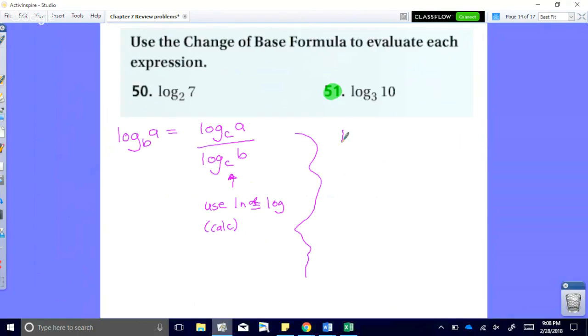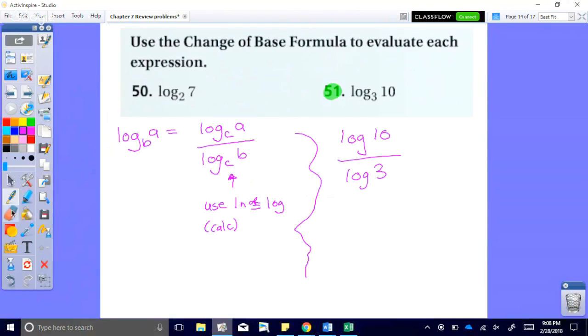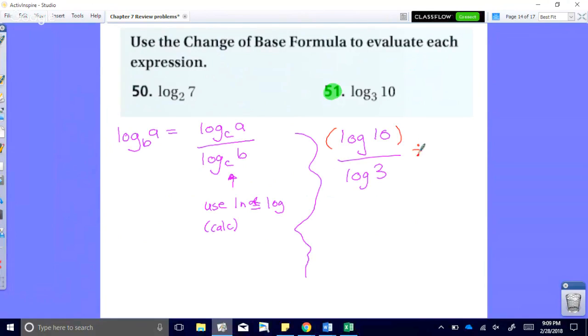Okay, so 51, this is going to become log of 10 divided by the log of 3. So again, this now becomes calculator practice. When I type this in, you may need parentheses. Okay, divided by parentheses. So I'm going to do it in my calculator just so I can get an answer. And then we'll see if y'all can get this.